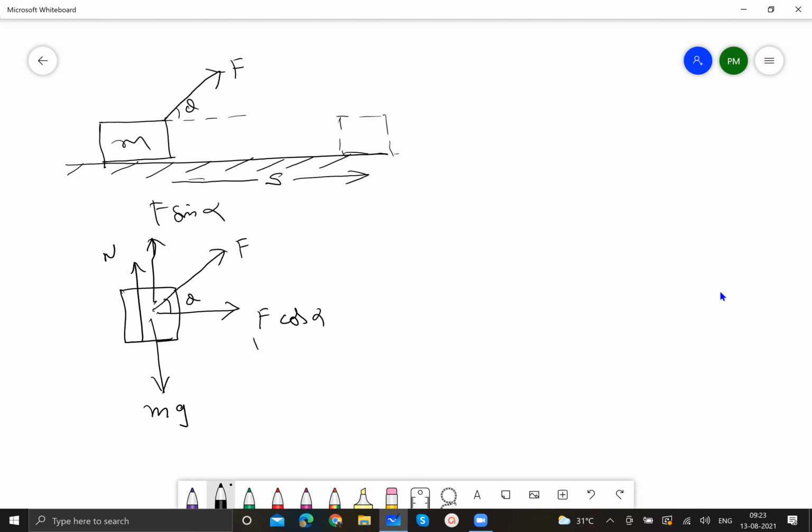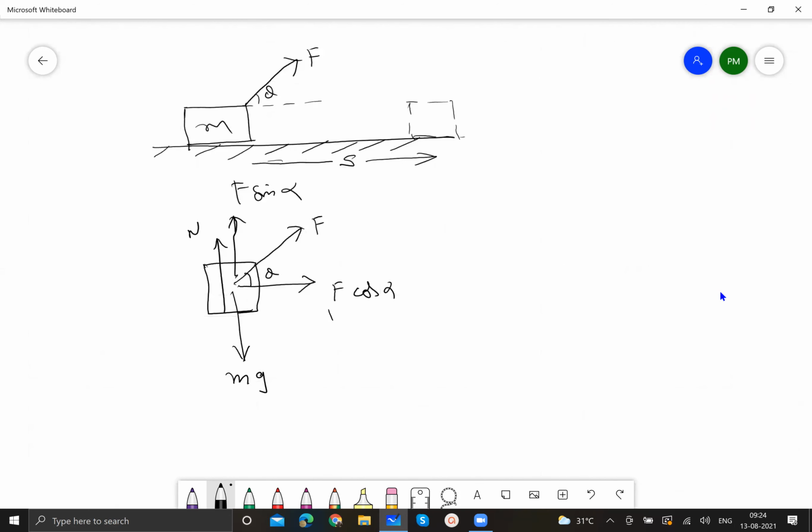So from this directly we can get, yes, at the time of breaking off the surface.